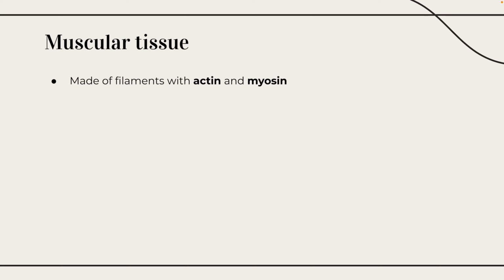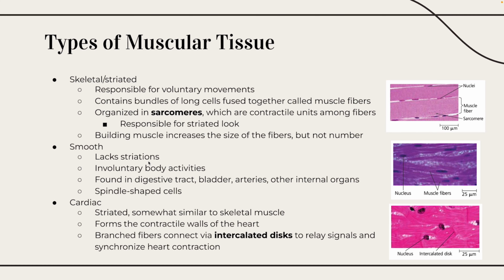Next up is muscular tissue, and muscular tissue is made of filaments with the proteins actin and myosin. Here are the types of muscular tissue. There are three. The first one is skeletal or striated muscle, and this is the type of muscle you typically think of when you think of muscle. It's responsible for voluntary movements, and it contains bundles of long cells fused together called muscle fibers.